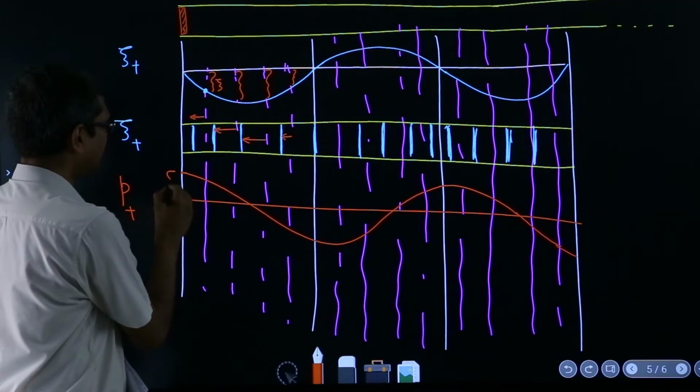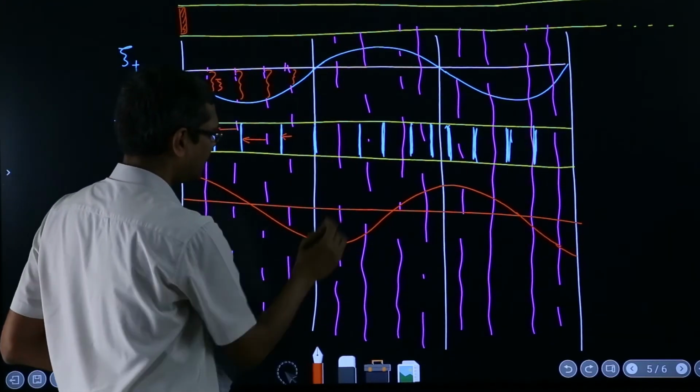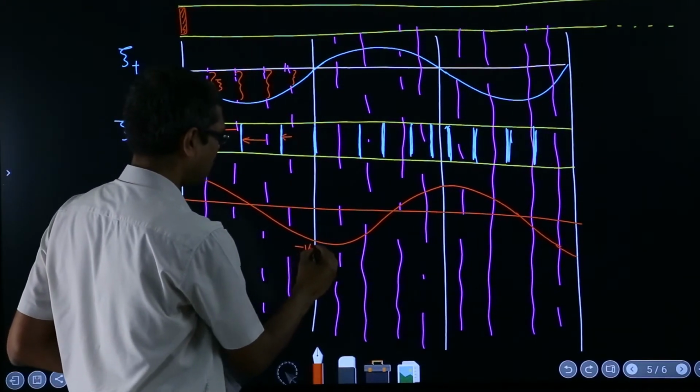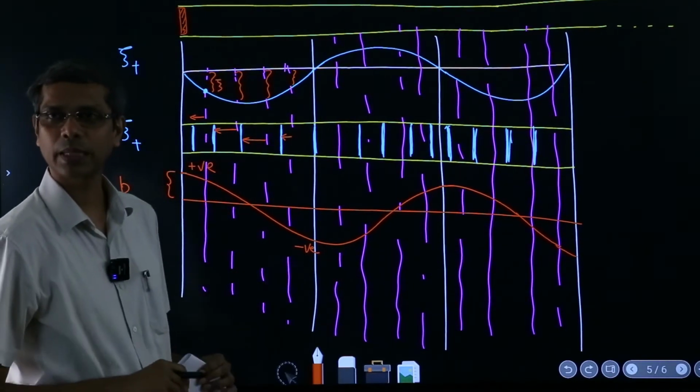So this tells me that this is compressed here and it is rarefied here at negative pressure.